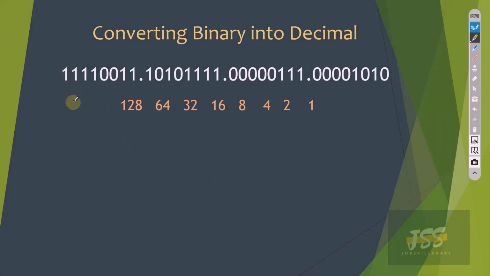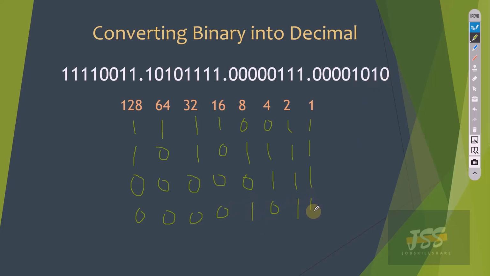We can put this information accordingly: 1 1 1 1 0 0 1 1, then 1 0 1 0, the rest are 1 1 1, then these 1 2 3 4 5 are 0, and the remaining are 1. Then these 1 2 3 4: 1 0 1 0 1 0 1 0.